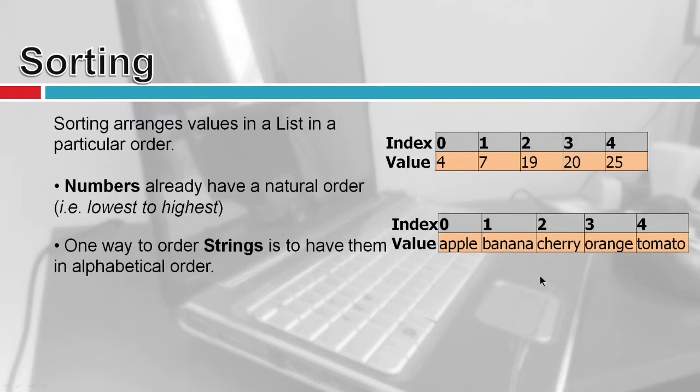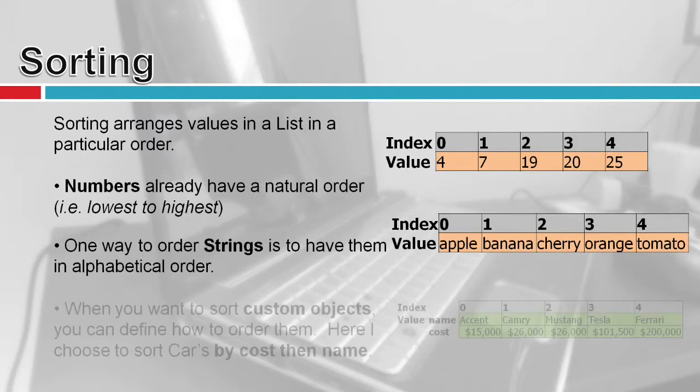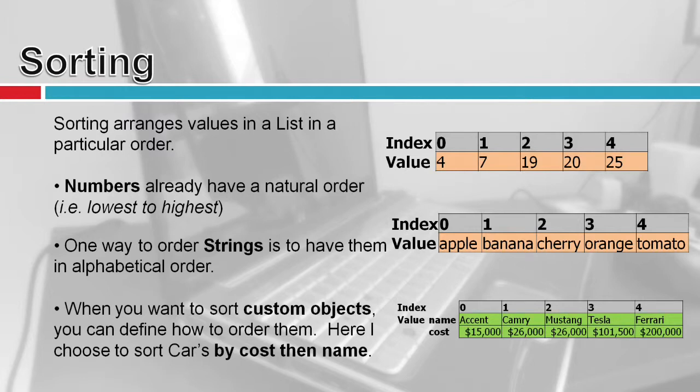Now, we can define custom orders for custom objects. So in this case, I have a custom object called car, where I have name and cost. I'm going to create an order for cars by saying I want to order them lower to higher by how much they cost. And if two cars have the same cost, I will sort them by the name.